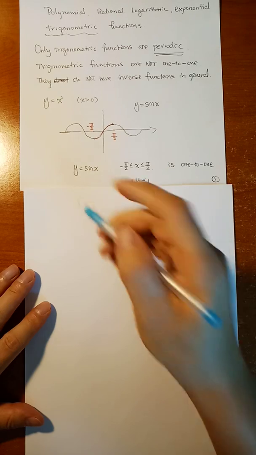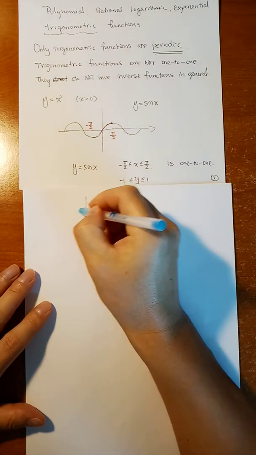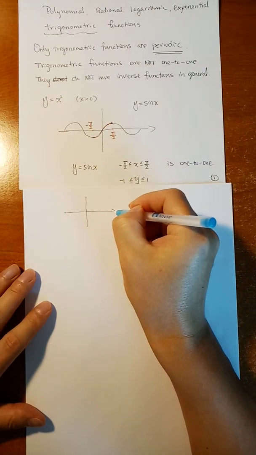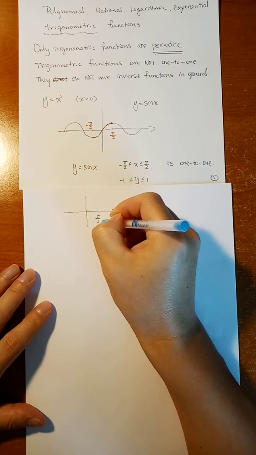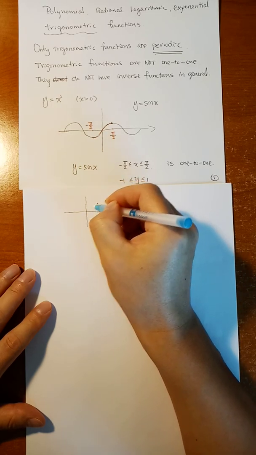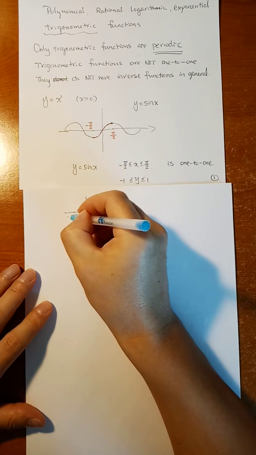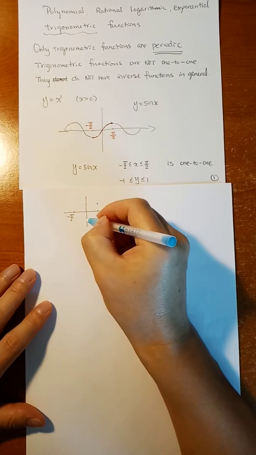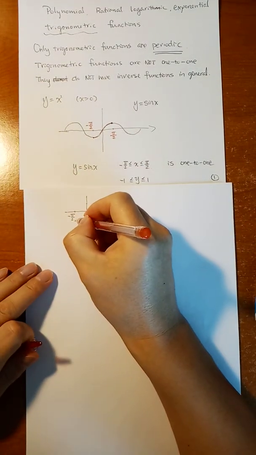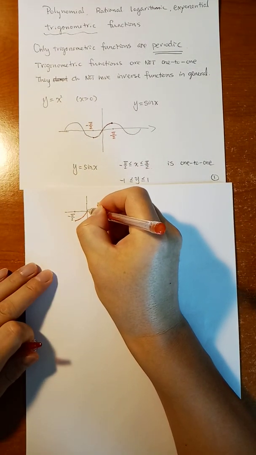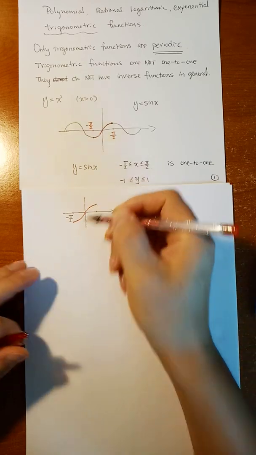Let me draw it again: pi over 2, 1, negative pi over 2, negative 1. So the graph is this.